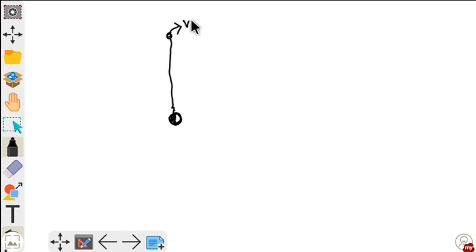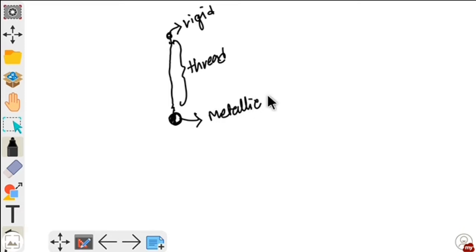This is the rigid object which is fixed, and this is the thread, and this heavy metallic ball is called the bob. So this is the apparatus of a pendulum.